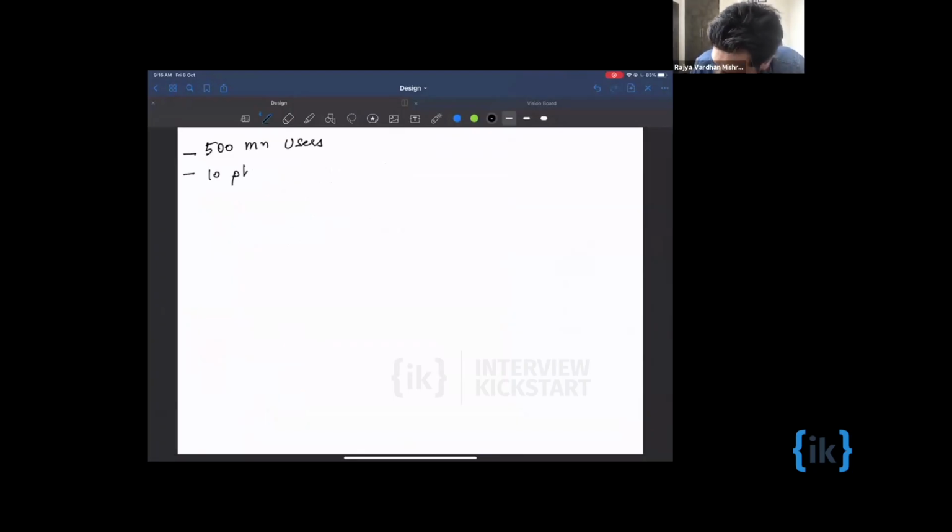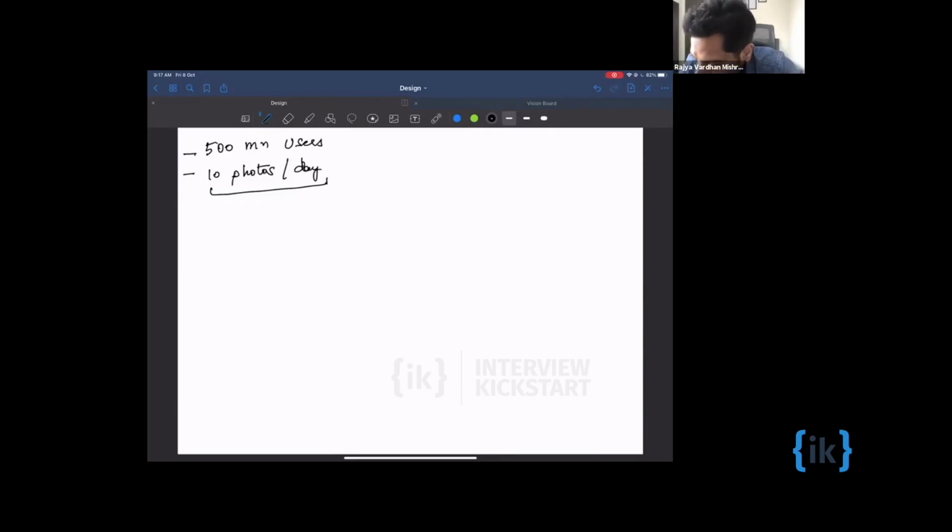We have 10 photos per day. Now, how much metadata? Okay. So these photos are being uploaded in some kind of cloud storage, right? Some kind of S3 storage. But we need to keep the metadata in our database.